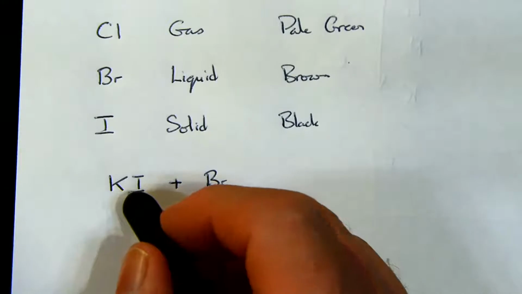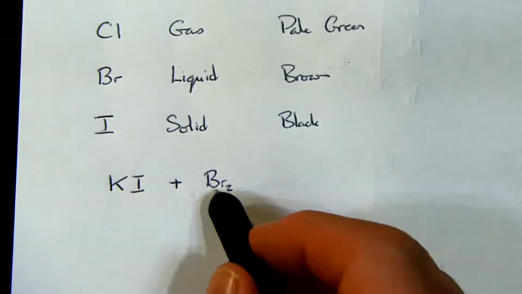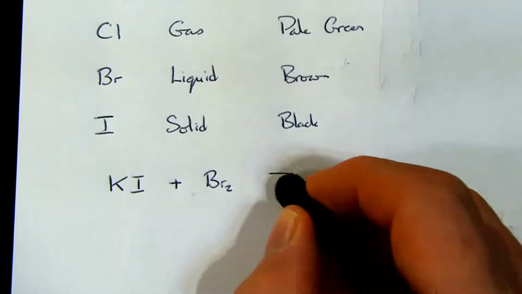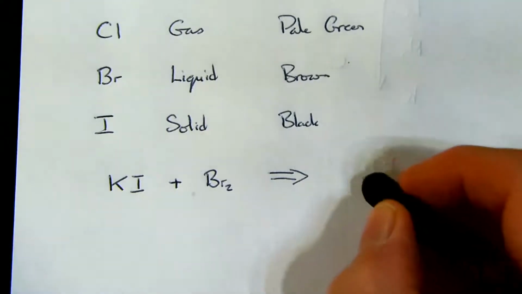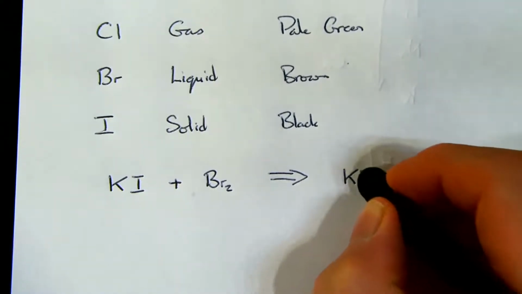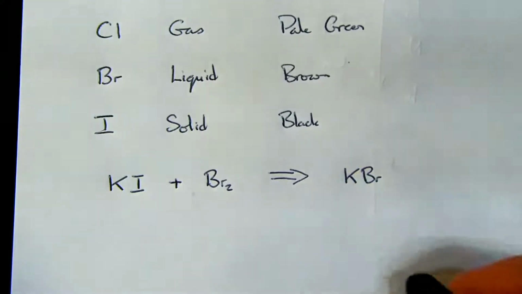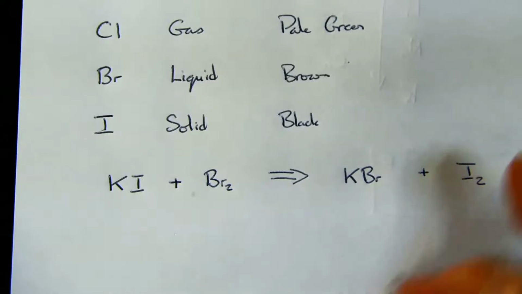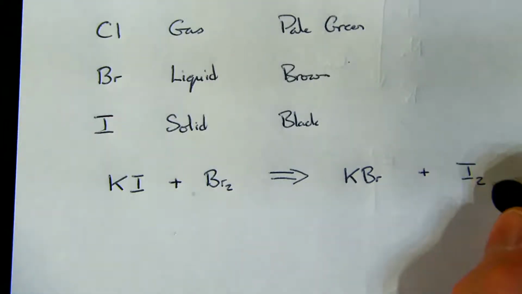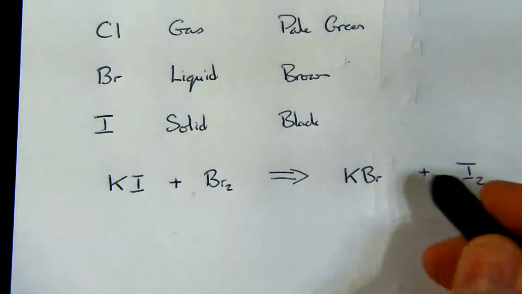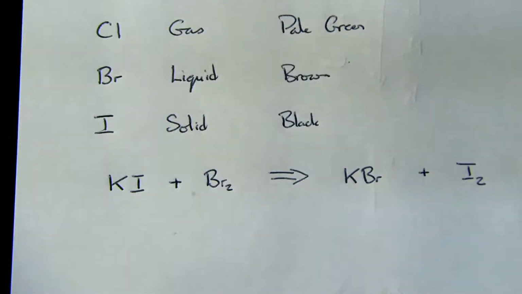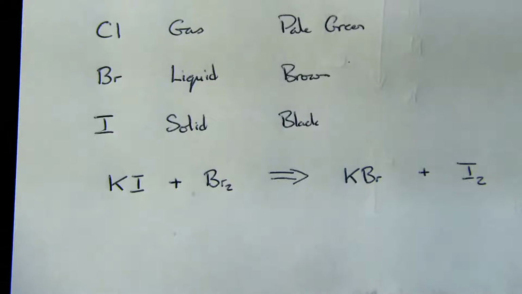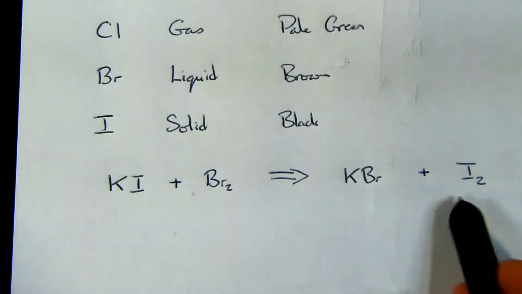bactericide. If I take iodine in the form of potassium iodide and we react this with bromine, then we get potassium bromide, plus we get iodine gas, or if it's in liquid, maybe iodine dissolved in some water. And this isn't balanced, is it?